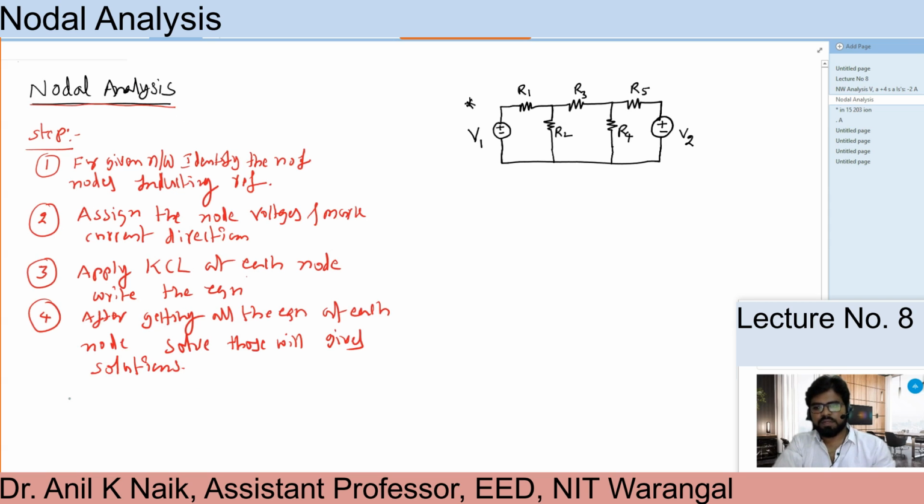Here you need to take note of what is meant by a node and a junction. If three or more elements join together, then that point is called a junction or node.